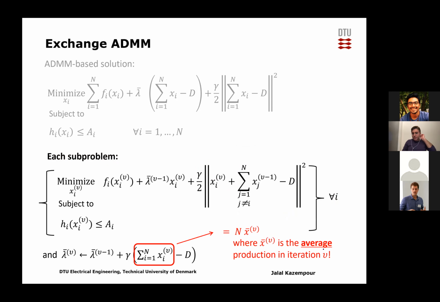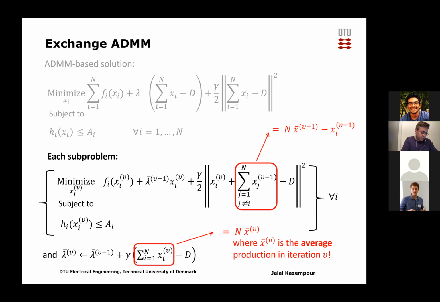So let's see what we can do, but already Drake mentioned in the chat box. So let's say that the total production of all generators is equal to n times x bar, and x bar is the average production of all generators in iteration nu, right? It's okay.